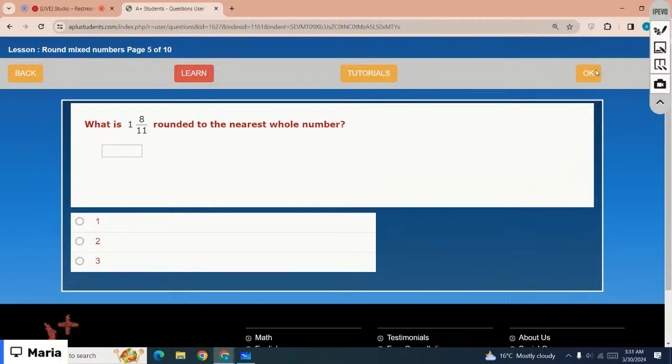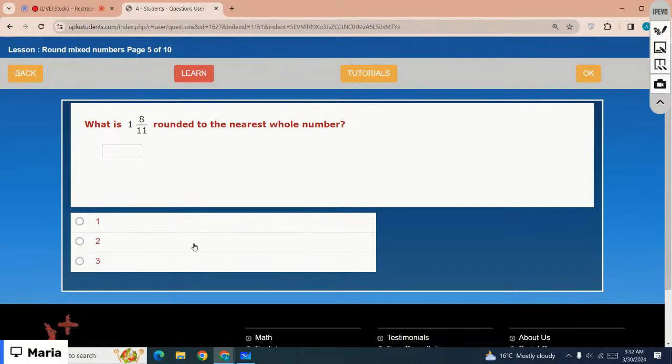What is 1 whole 8 over 11 rounded to the nearest whole number? So which is the correct option? 8 over 11 is greater than half, right? So you have to round up.